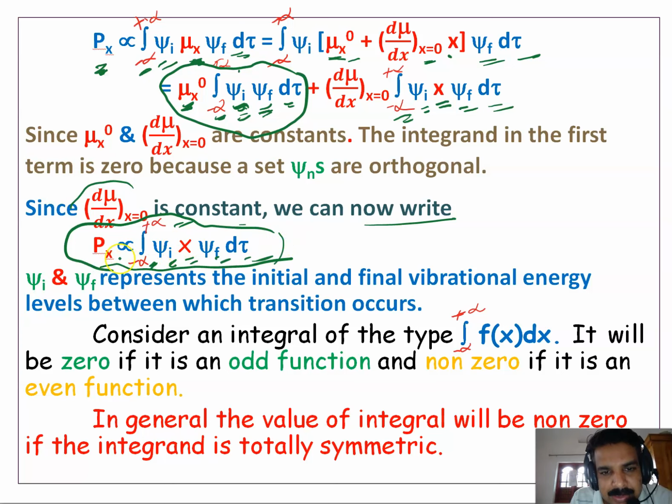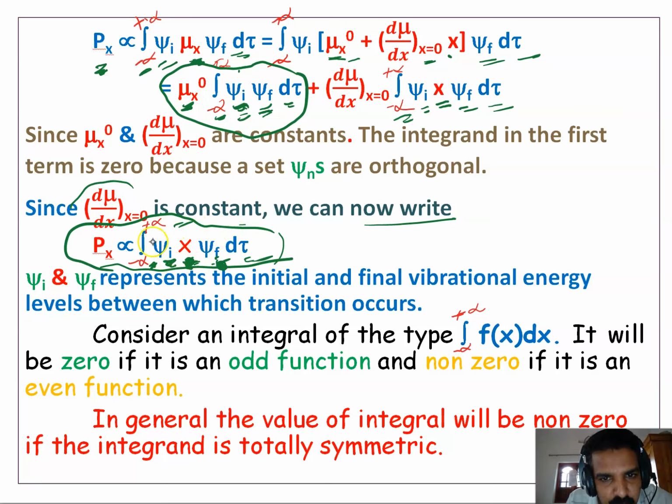We can evaluate it by knowing the symmetries of ψ_i, x and ψ_f. Symmetry of x can be obtained from the character table, and symmetry of ψ_f can be obtained from the character table.